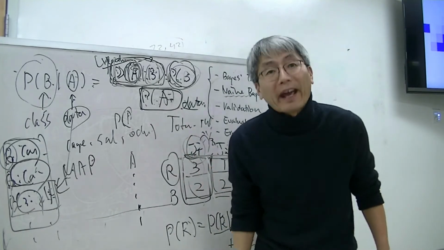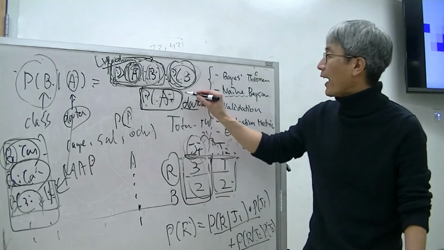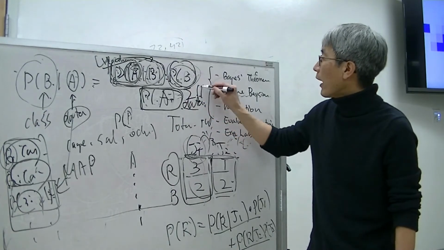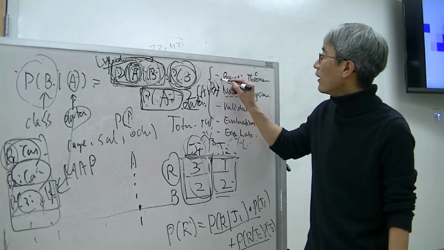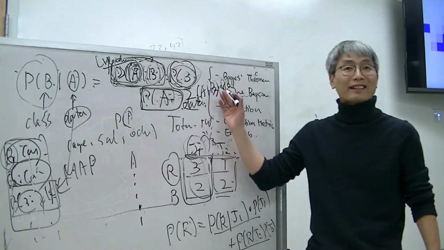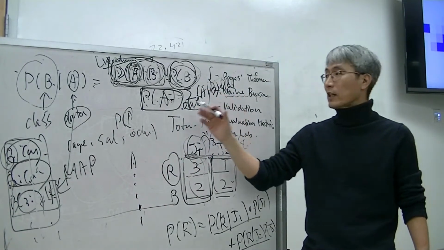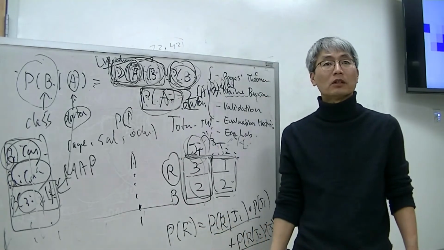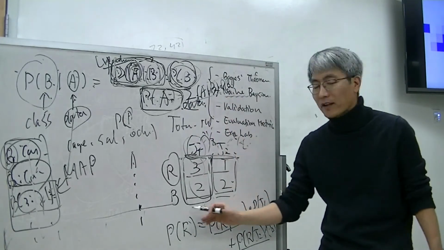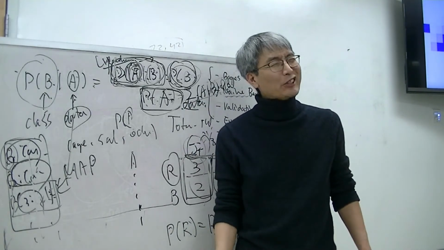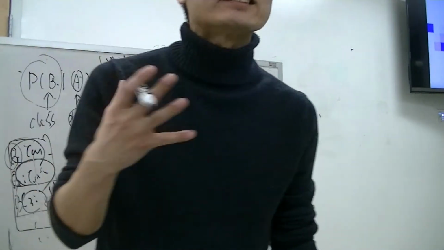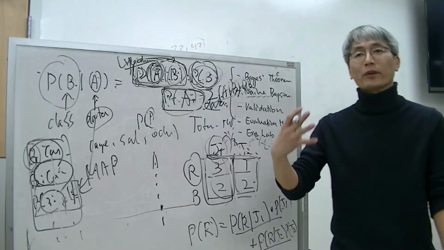So P of A, the probability of A, is actually the sum of P of A given B times P of B, adding up all classes, all partitions. Okay, this is a common mistake sometimes. It is not just the P of A, but P of A based on the total. It looks like I may or may not understand. Let's take a look at the example. Through the example, we can clearly understand.